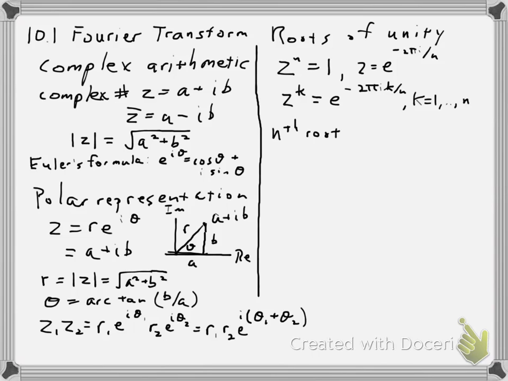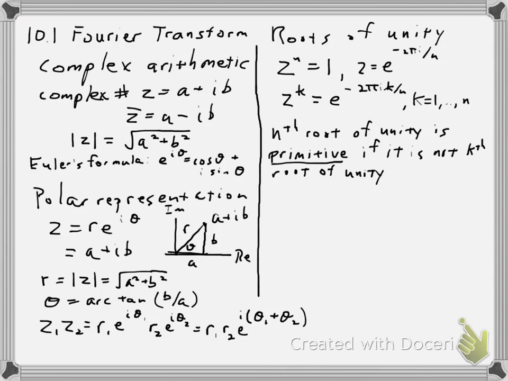We state that the nth root of unity is said to be primitive if it is not the kth root of unity for any k less than n.